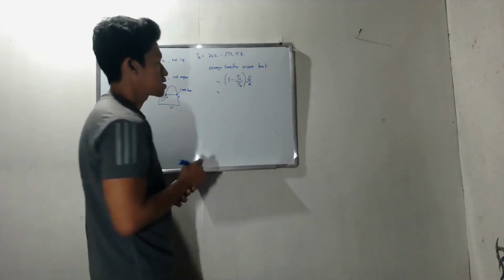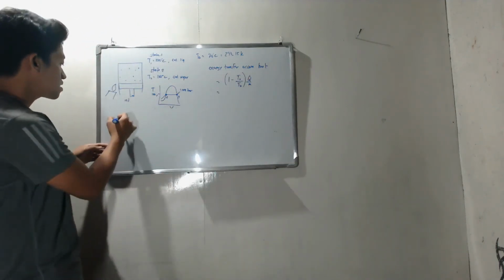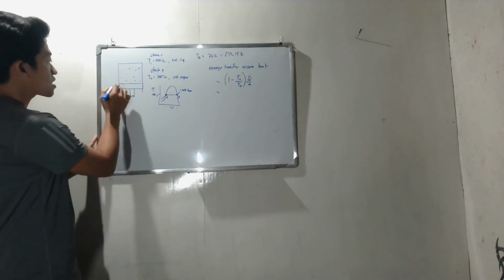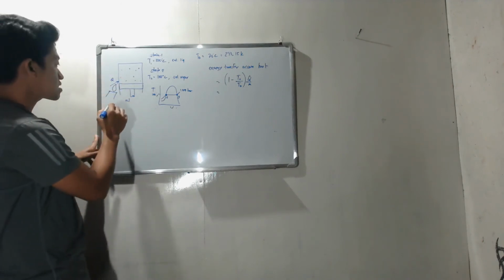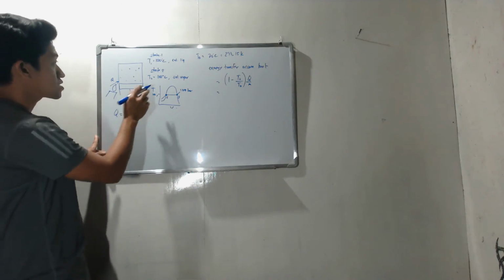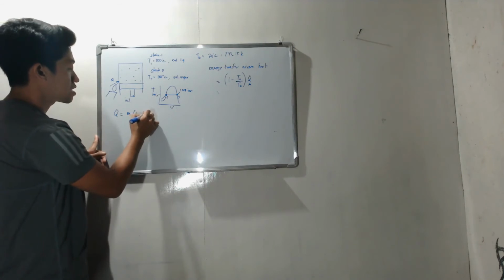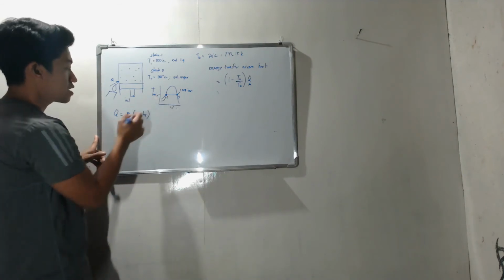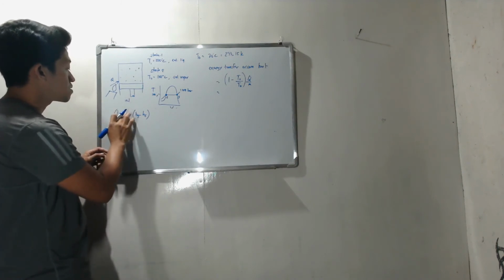Now let's find Q. Of course, this Q is the heat supply, which is just equal to the latent heat of vaporization over m.